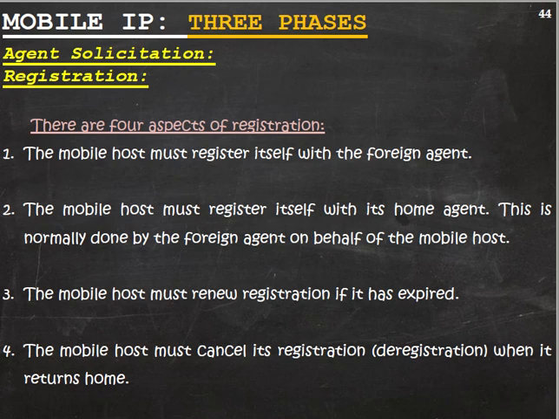Third, if the registration has expired, it has to re-register. And the last one is the mobile host must cancel the registration when it goes back to the home network. So these are the four aspects under registration.